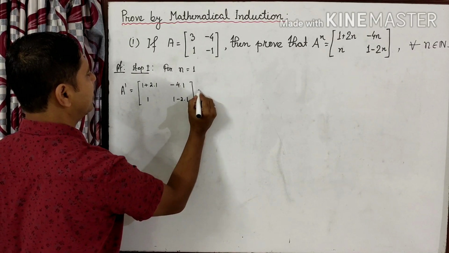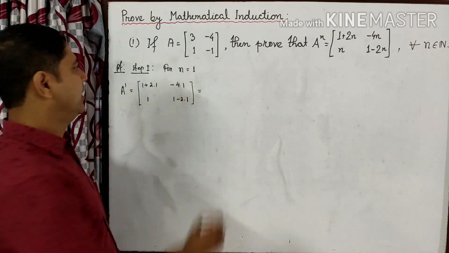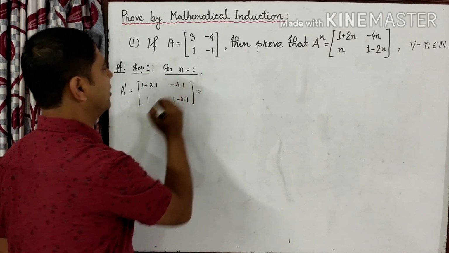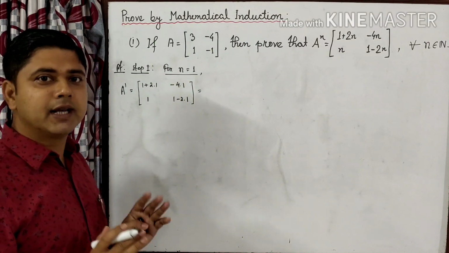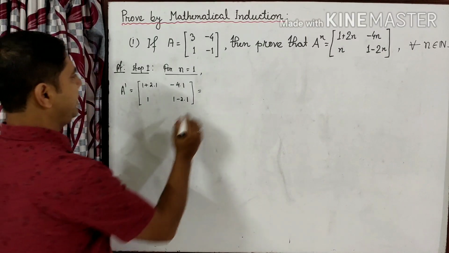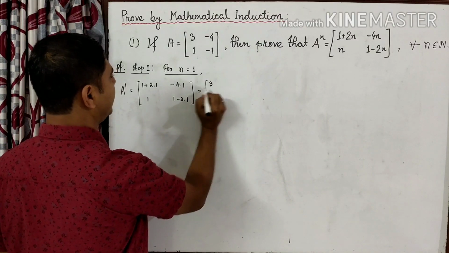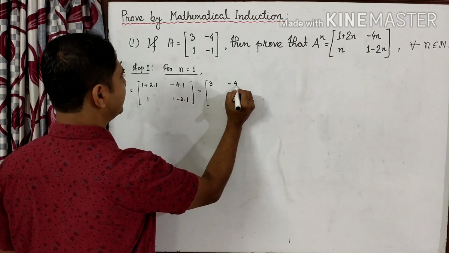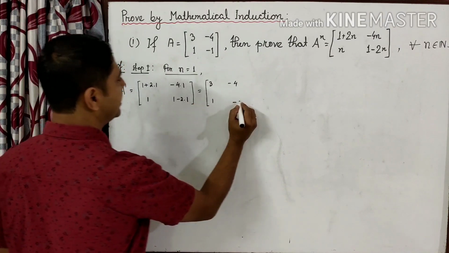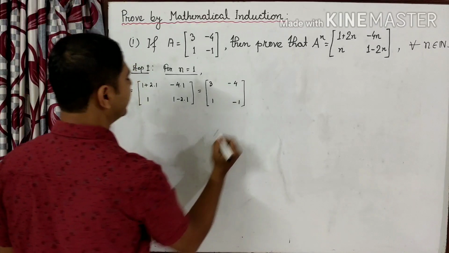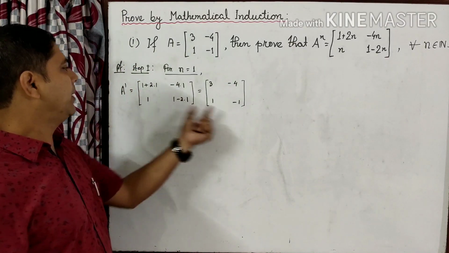In place of n we put 1 to check whether the result is true or not. The values are 3, minus 4, 1, and after simplification minus 1. A to the power 1 means A, that means A equals this matrix.